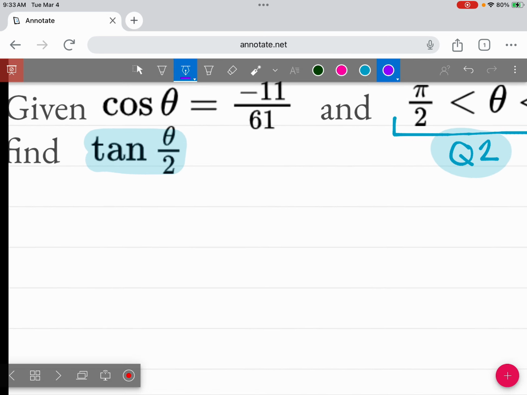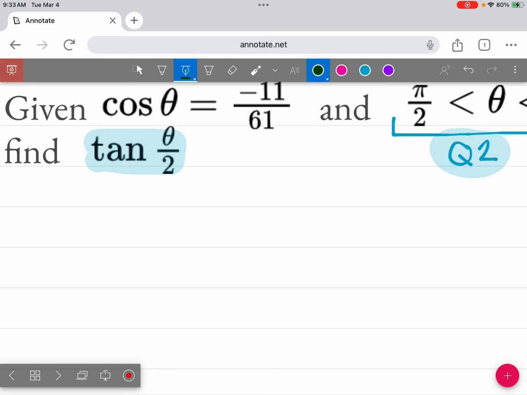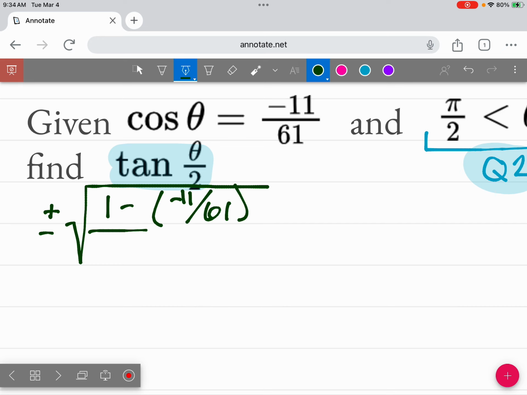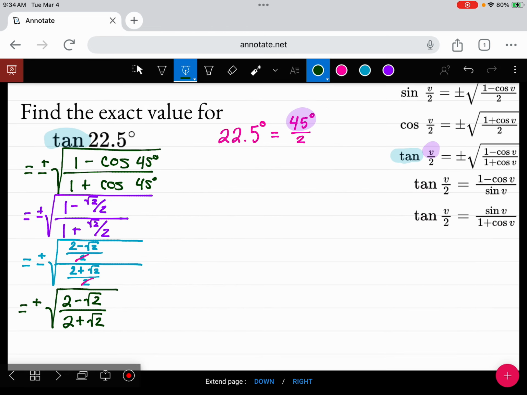So let's think about this. If we fill in our formula for tangent of theta over 2, we're going to have plus or minus the square root of 1 minus negative 11 over 61, all over 1 plus negative 11 over 61. In the ones we just did, we had to figure out cosine because we knew the angle was 45.